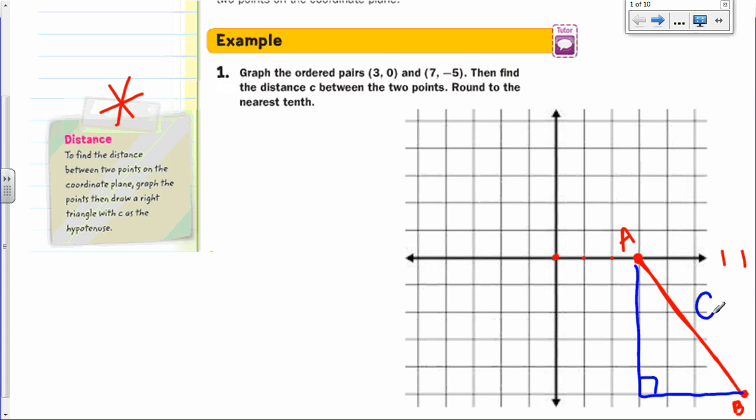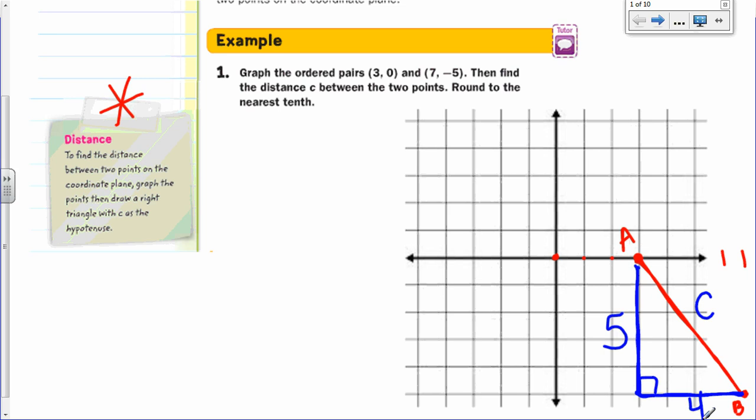Now, the benefit of a coordinate plane and drawing those right triangles is it gives you straight lines. So that means instead of trying to figure out how long each of those legs work, I can just count them. So that would be 1, 2, 3, 4, 5. So that leg has a length of 5. My other leg is 1, 2, 3, 4. So it has a length of 4.